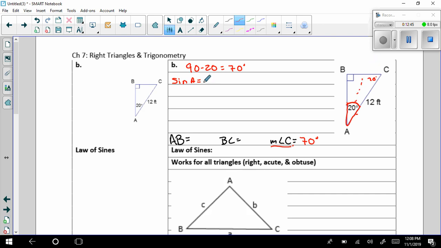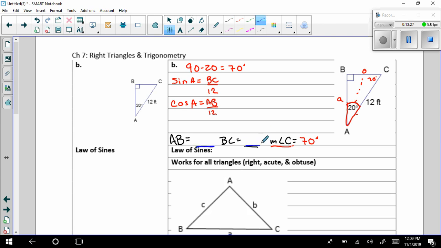We don't know, so I'm just going to put BC over hypotenuse, which is 12. The cosine of A is equal to AB over 12. The tangent of A is opposite over adjacent. Since I don't have either of those, that does me no good. But both of these, if I solve either of them, will get me an answer for two sides that I am missing.